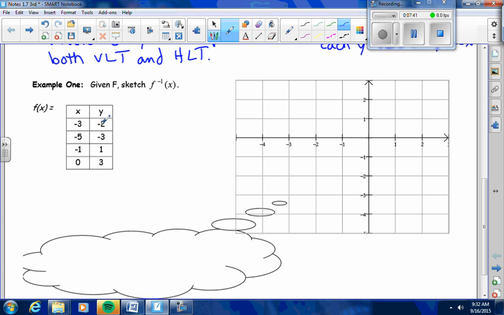So we're plotting the point -3, -2, -5, -3, -1, 1, and 0, 3. Now, can you see how that's kind of curved? All right, so we need to draw that curve.